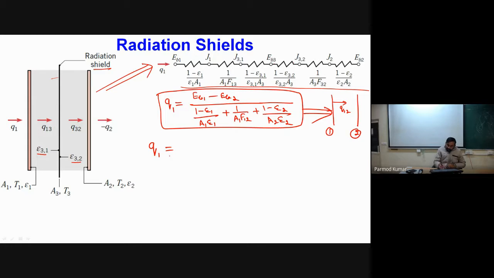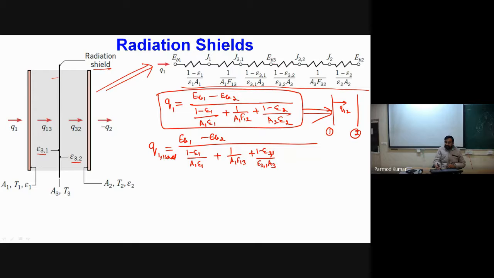Okay. So Q1 in this situation will become EB1 minus EB2 divided by total resistance. Like here we have included one shield. Okay. And total resistance will become 1 minus epsilon 1 by A1 epsilon 1 plus 1 by A1 F13 plus 1 minus epsilon 3.1 divided by epsilon 3.1 into A3.